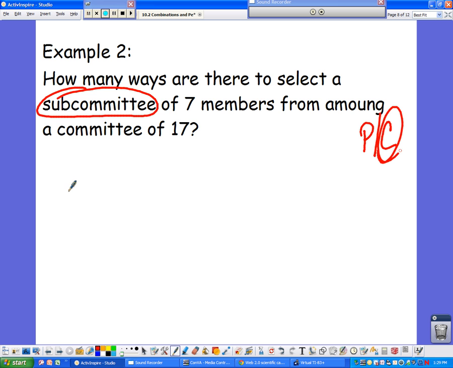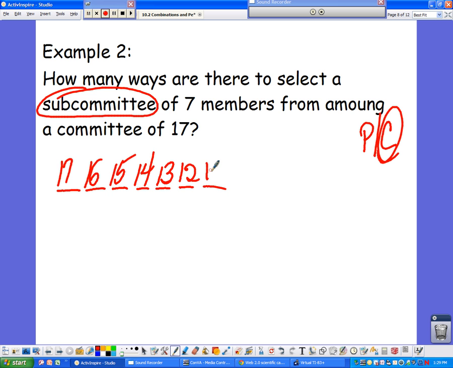So I've got 7 spots: 1, 2, 3, 4, 5, 6, 7. The first spot I have 17 to choose from, 16, 15, 14, 13, 12, and 11. And remember, because it is a combination, I'm going to divide by 7 factorial, however many numbers there are.